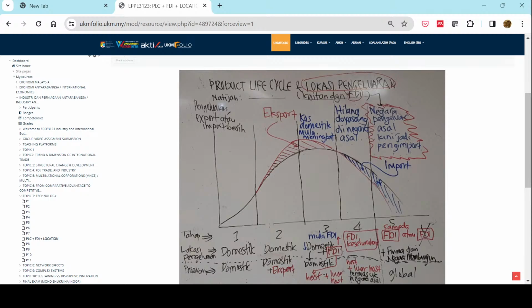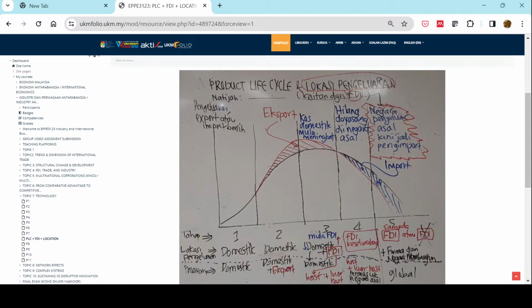So when you get to stage 4, that country has now lost the competitive advantage, has lost competitiveness. The cost has gone up, it is costly to produce in the home country. So the home country loses the competitiveness in the product. So doing FDI completely.